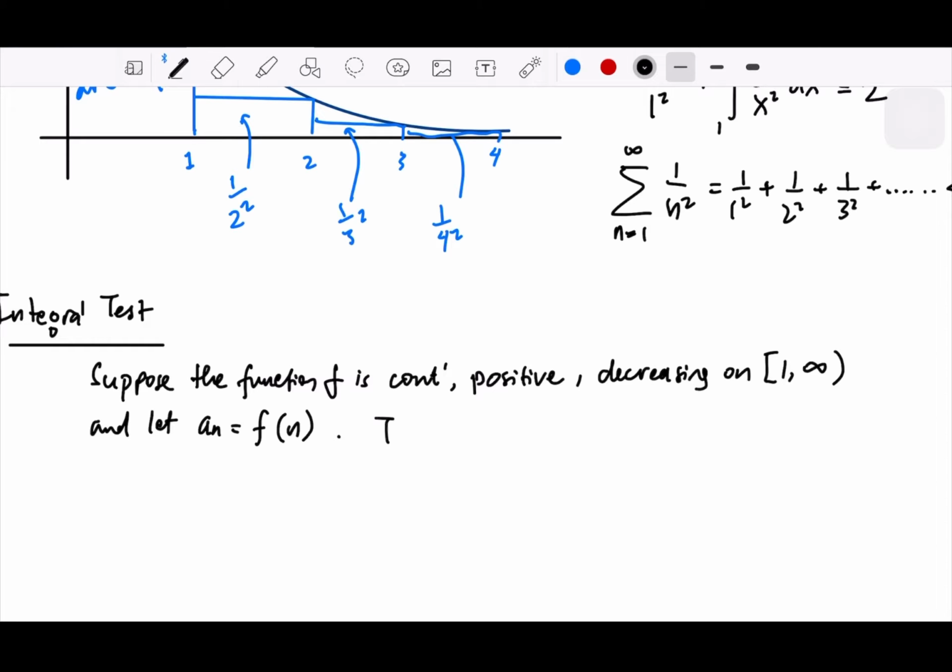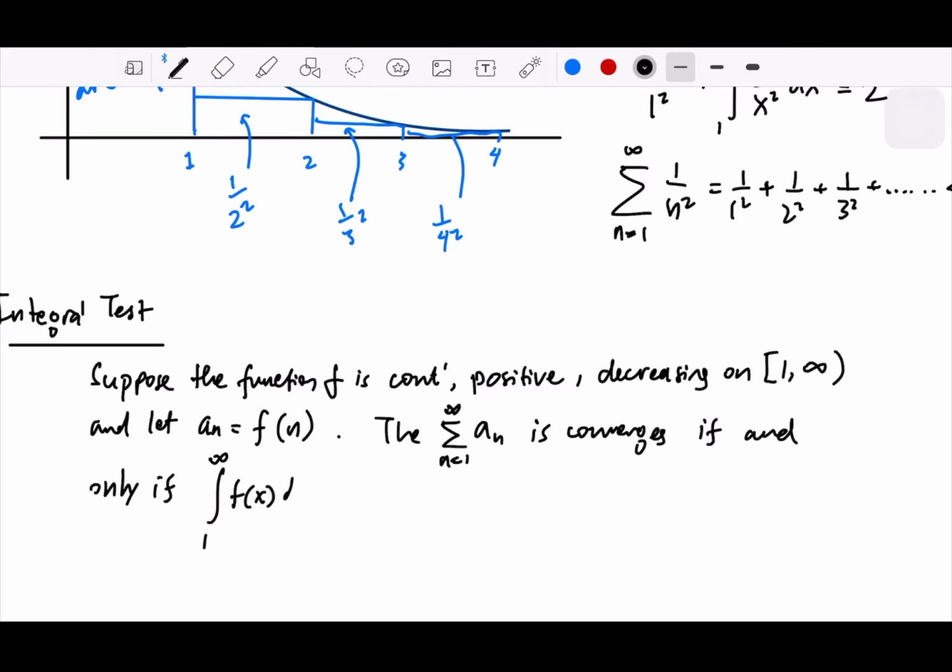Then the series converges if and only if the improper integral converges.